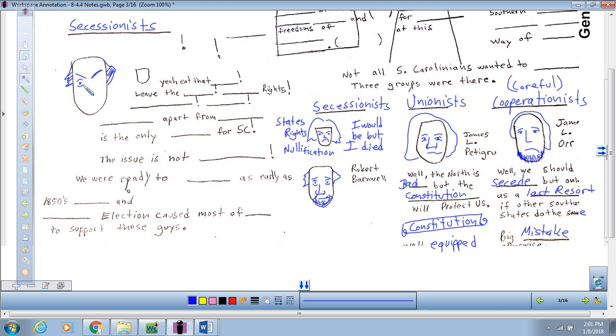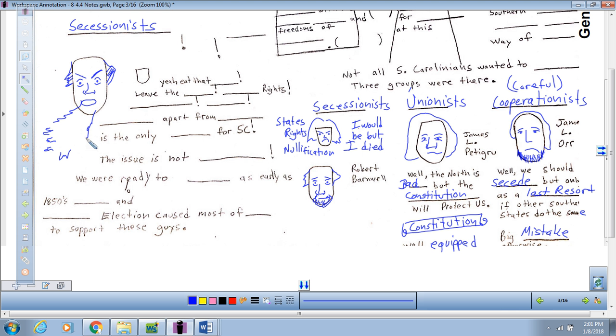This is Robert Barnwell. I'm going to use Robert Barnwell here to illustrate the nickname that the secessionists were given. Pretty much whenever they're like, no, we shouldn't secede, the secessionists would be like, yes, we should. So, the secessionists acquired a nickname that I think is illustrative of how they were.